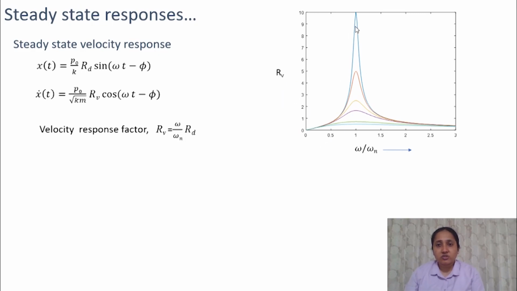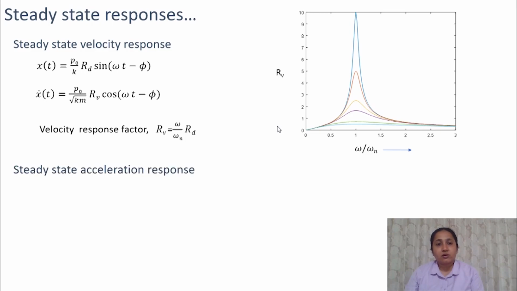It is much higher than 1 and its value depends upon the damping. And when the frequency ratio is much higher than 1, the value of Rv converges to 0 again.